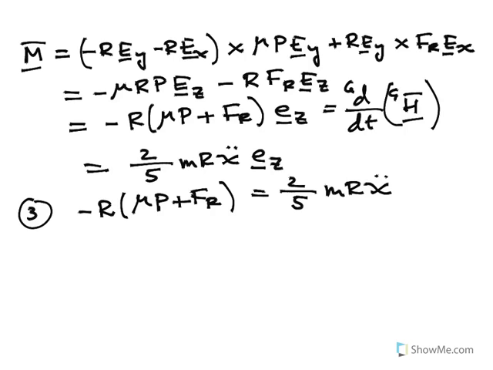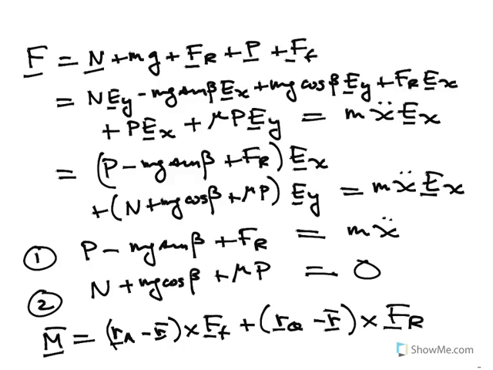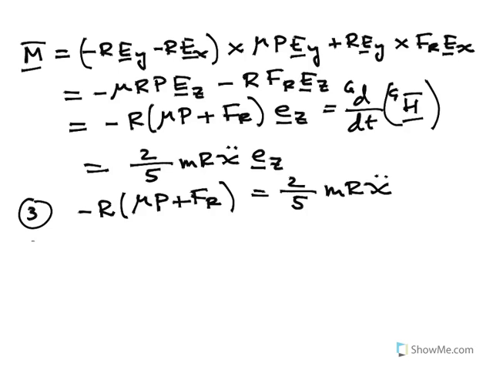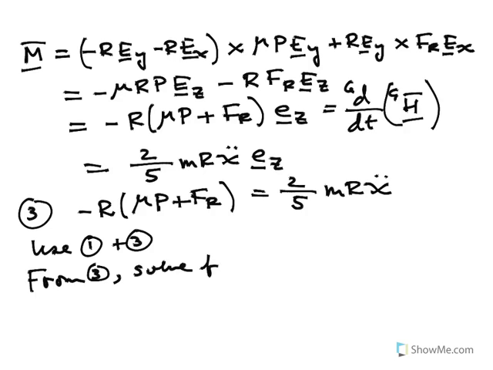So now we can use these different equations to solve for various parts. What do we want to do? We need to get rid of things here. I don't want to deal with N because N only appears in one equation. So I'm going to use 1 and 3 together. So the first thing we're going to do is from 3 we can solve for F sub R. What do we get when we do that?